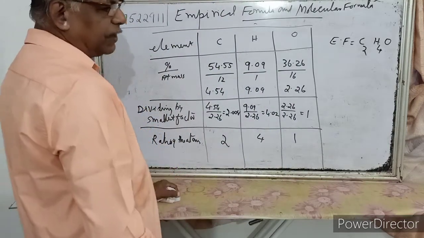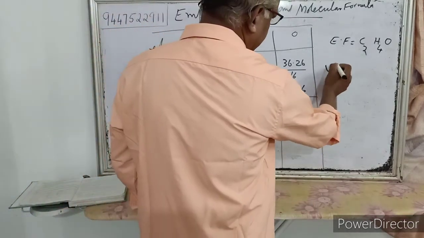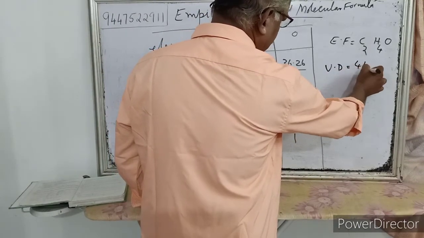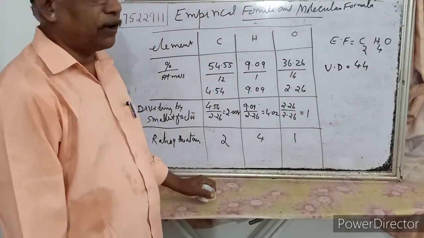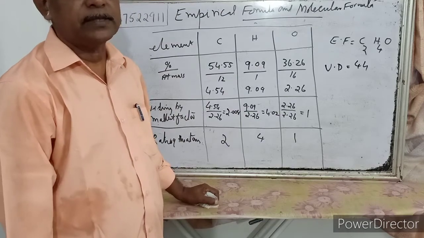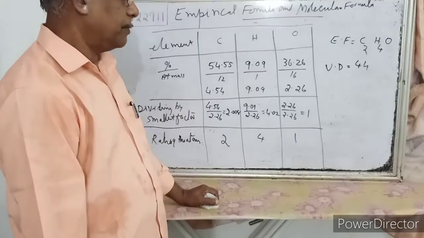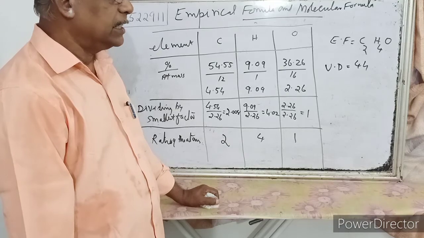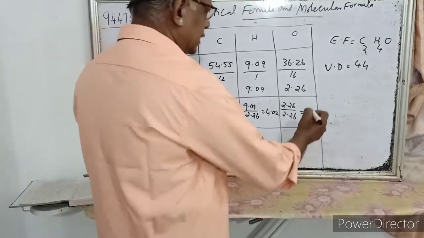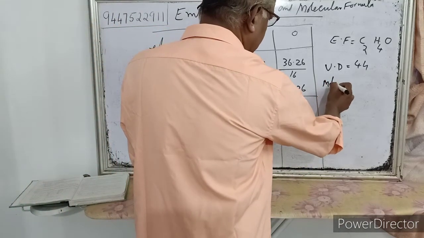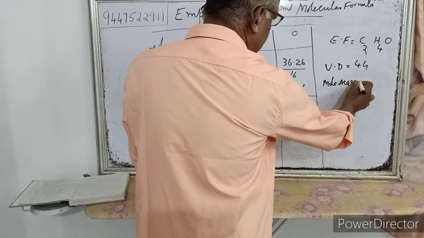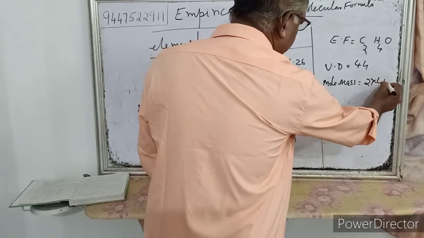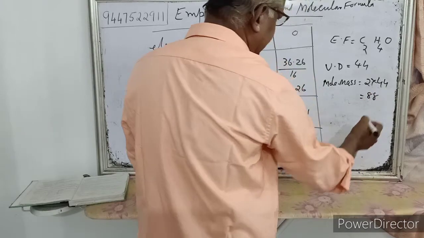If the vapor density is given, vapor density is equal to 44, then what will be its molecular formula? Vapor density is 44 means its molecular mass is equal to 2 into 44, that is 88.